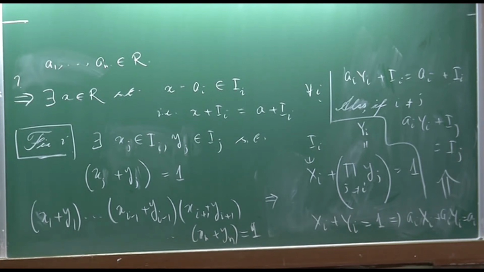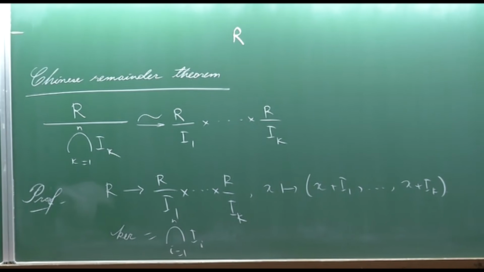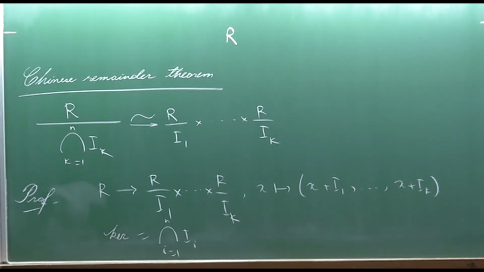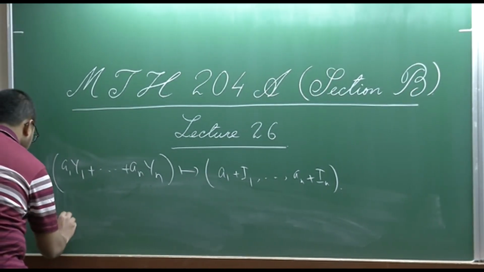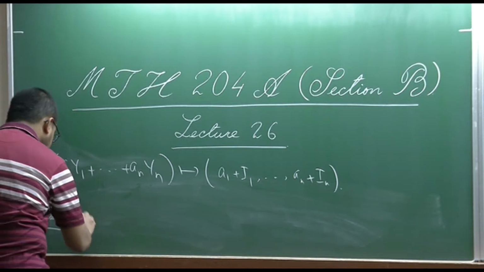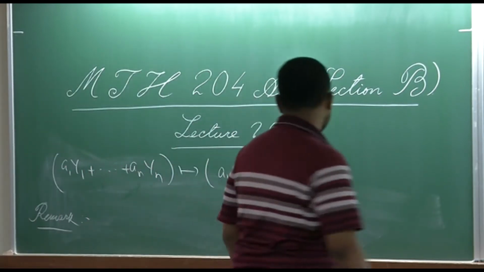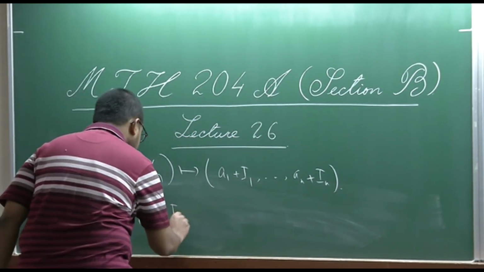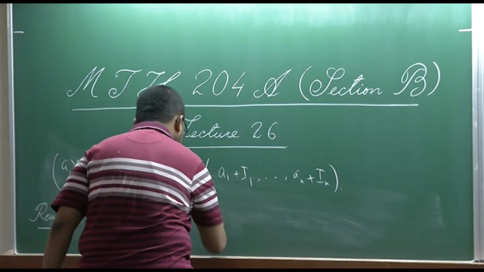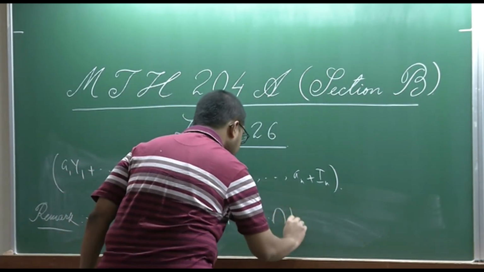Okay. So, this is how we prove the Chinese remainder theorem, and before we move on to something else, let me make one more remark. The product of these ideals is certainly inside the intersection, right.